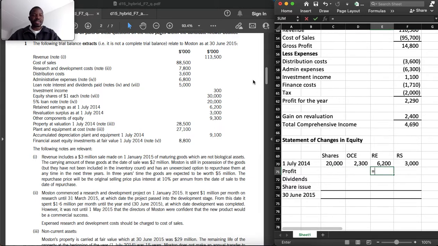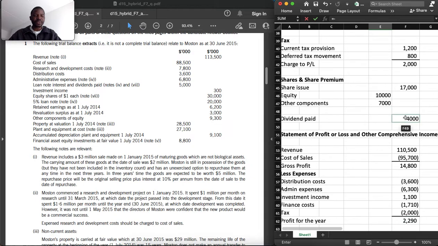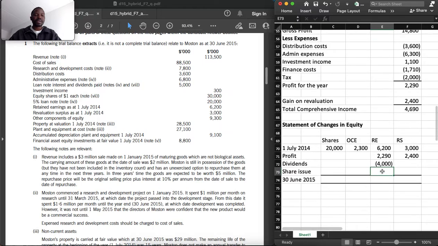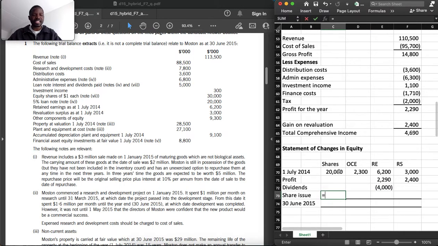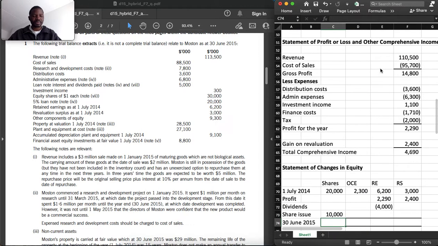Profit for the year affects retained earnings. Revaluation reserve is affected by the gain on revaluation. We have already calculated our dividends here as 4,000. The dividend paid affects our retained earnings. Then our shares, we have calculated these figures here as 10,000.